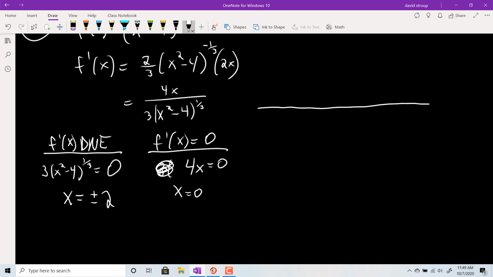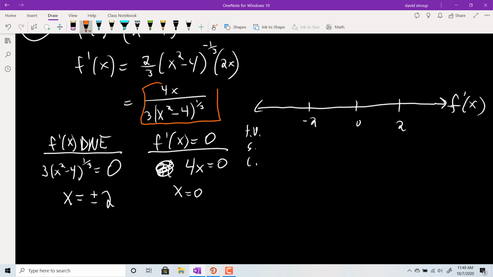Okay. So I label my critical numbers on my derivative timeline, so to speak. So I have -2, 0, 2, and then I need my test value, my sign, and my conclusion, and I'll do that in red. Ready? Okay, so I'm plopping all of this into this formula here.